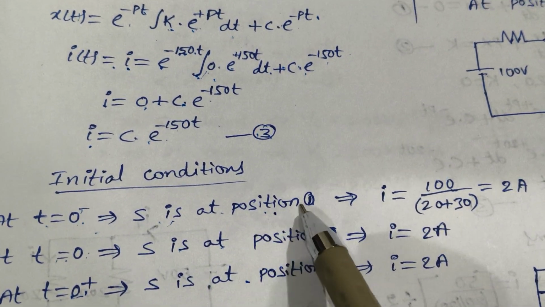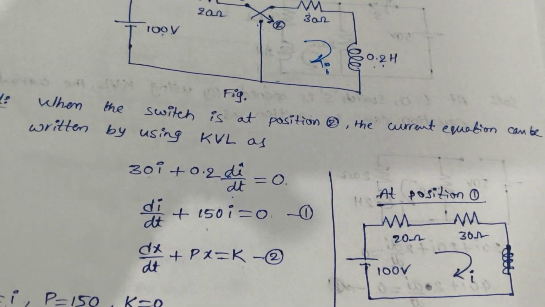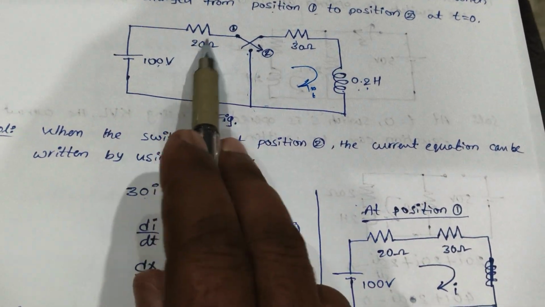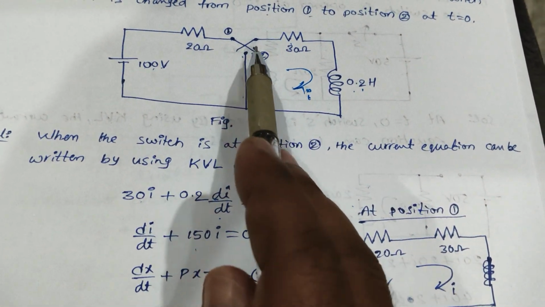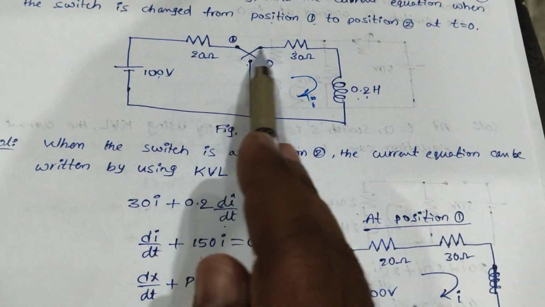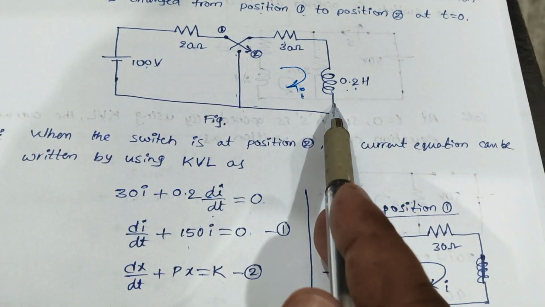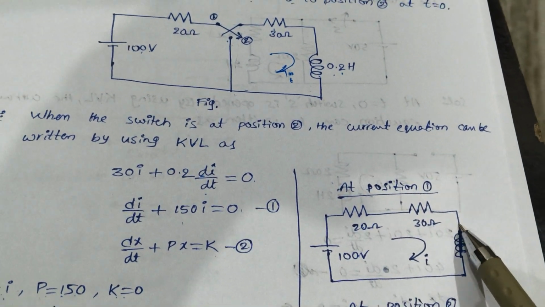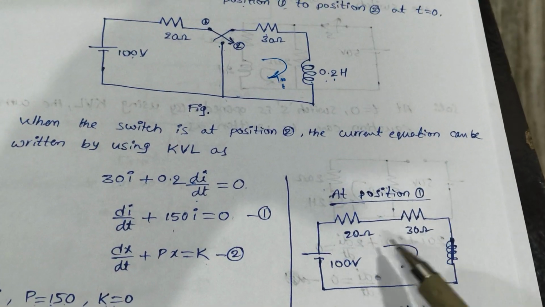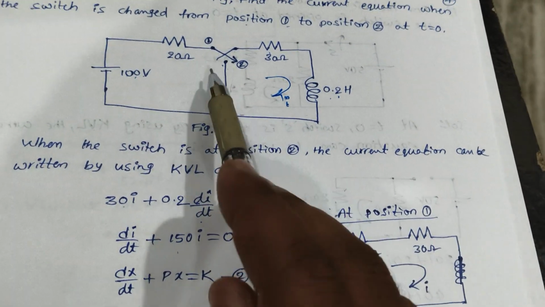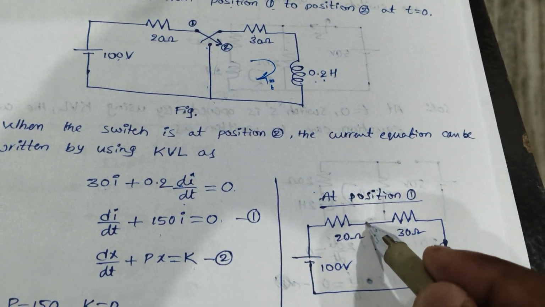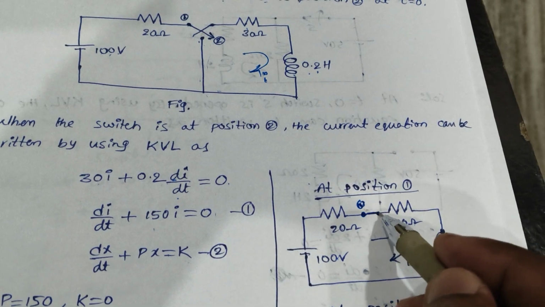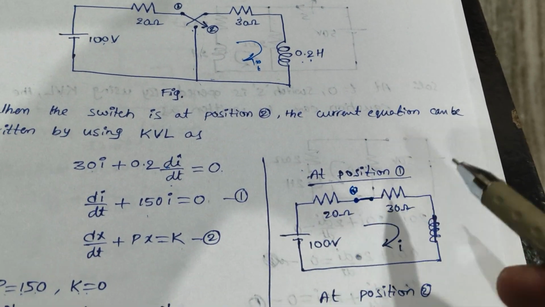What is the current when the switch is at position 1? At position 1, the circuit has 100 volts, 20 ohms, and this side is short circuit, with 30 ohms and 0.2 Henry connected. But since the switch was at position 1 for a longer time, the circuit is in steady state.